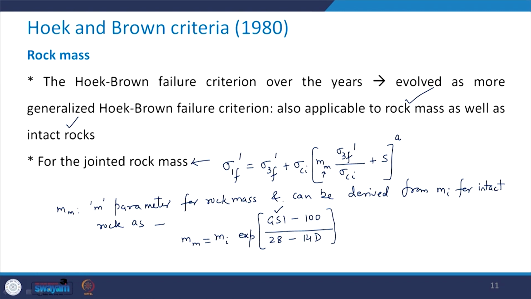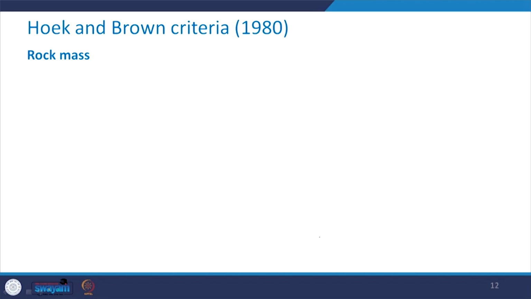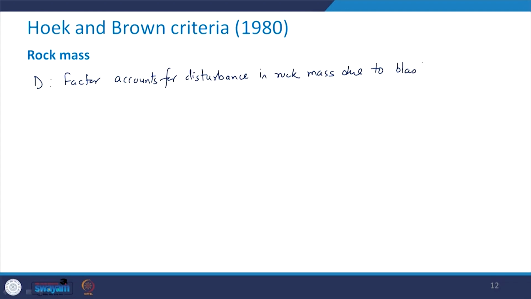This is your geological strength index, and this D factor is a factor which accounts for the disturbance in the rock mass due to blasting and the stress relief.